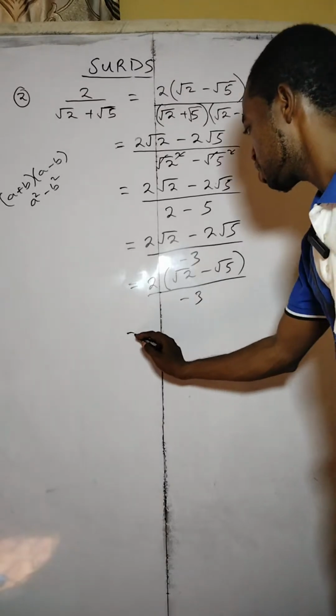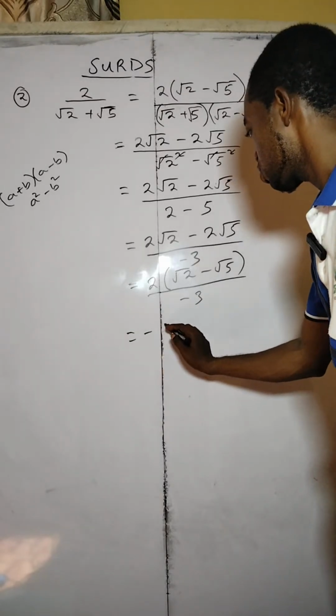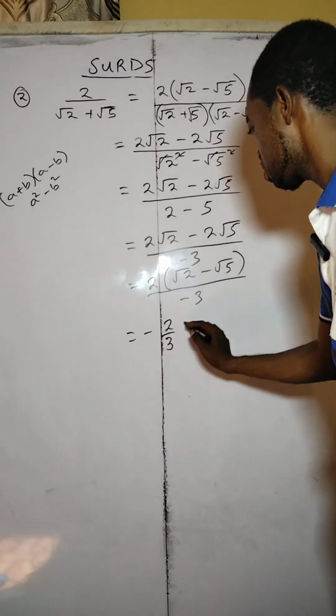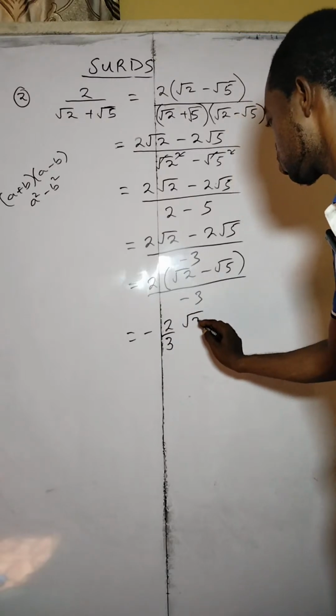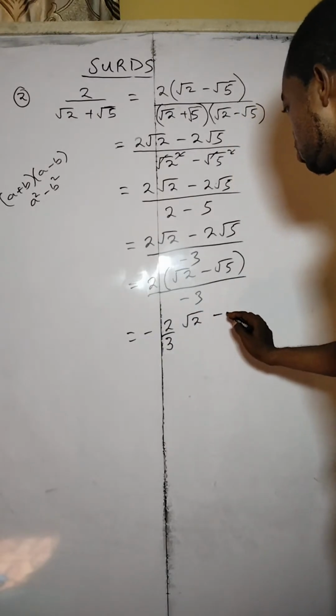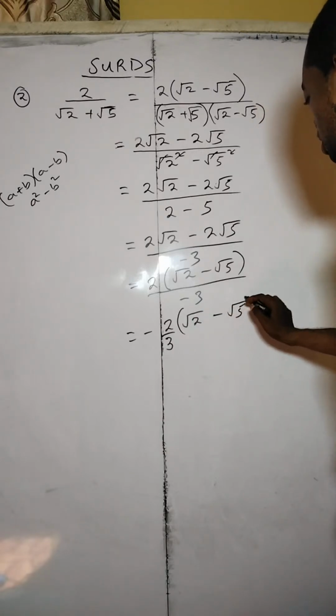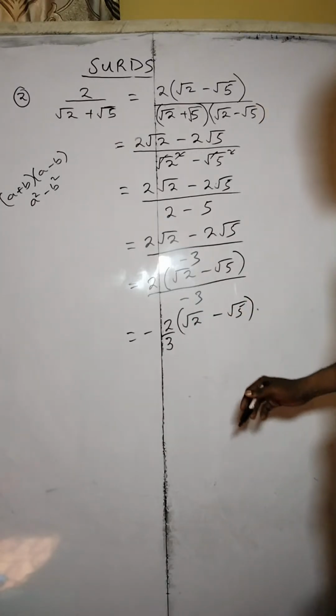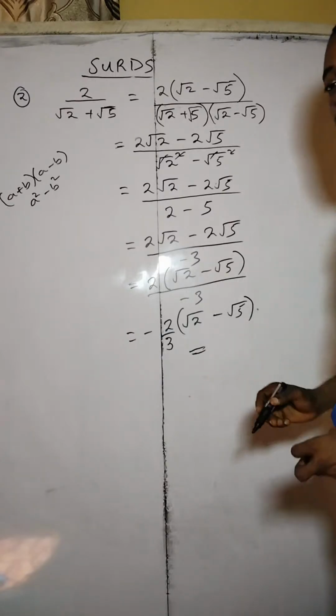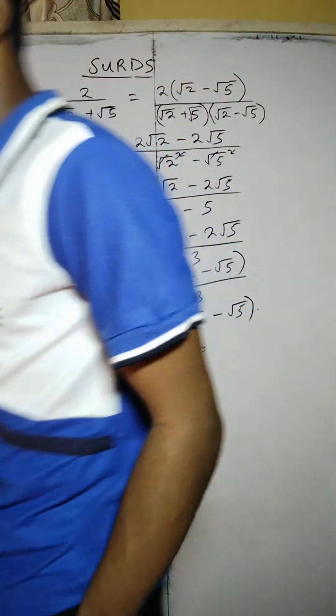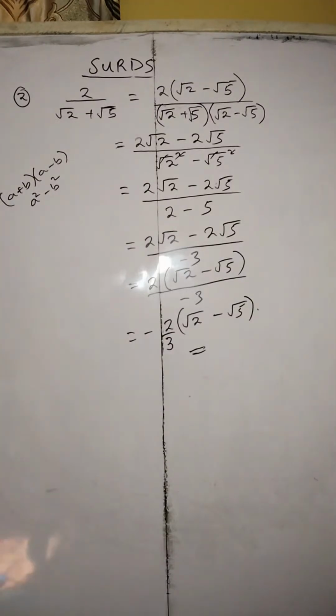And when we write it, this is minus 2 over 3 times root 2 minus root 5. So we make use of bracket. So we can decide to leave our answer in this format as the simplified form to this given problem.